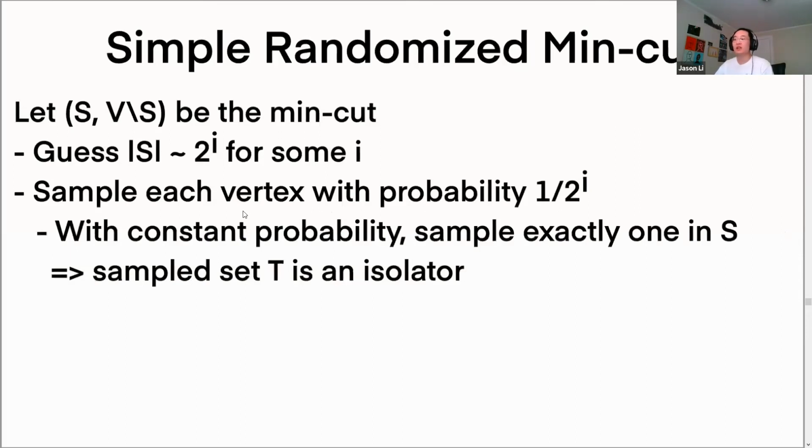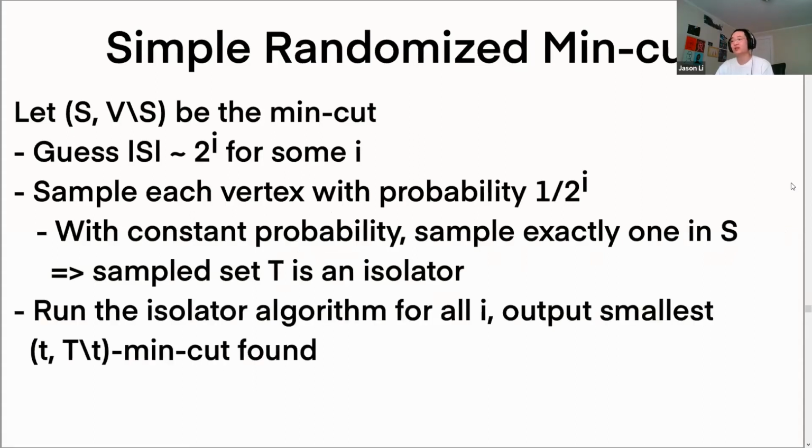Now we sample each vertex with probability 1 over 2 to the i. Now with constant probability, we sample exactly one vertex in S. So with constant probability, the sampled set T is an isolator. So we can just try this log n times and find one with high probability. And we just run the isolator algorithm. So this is a very simple randomized min-cut algorithm that requires polylog n s-t max flow calls.